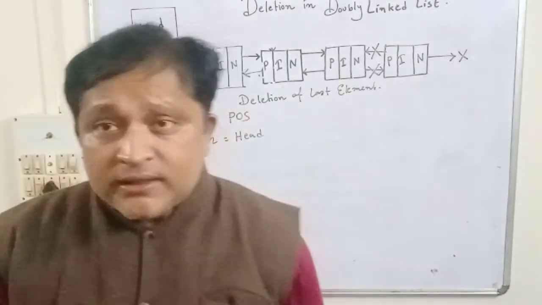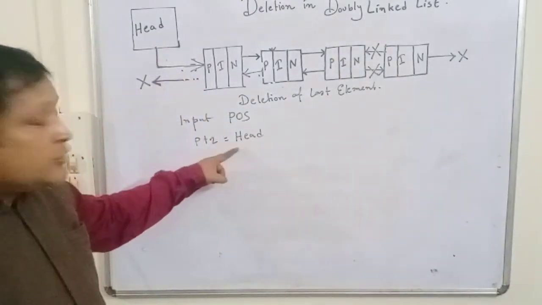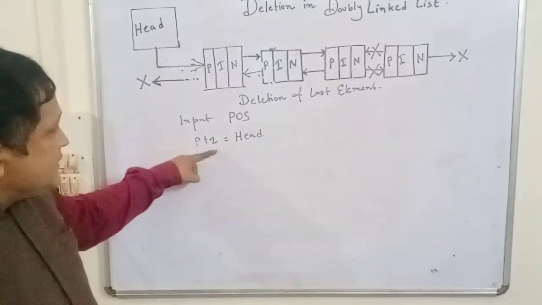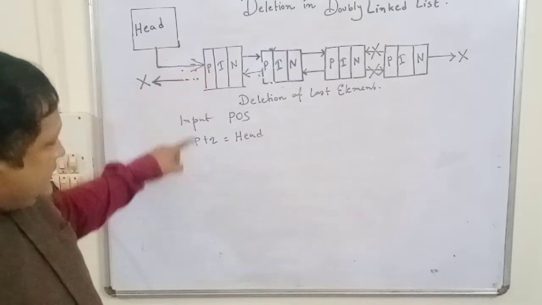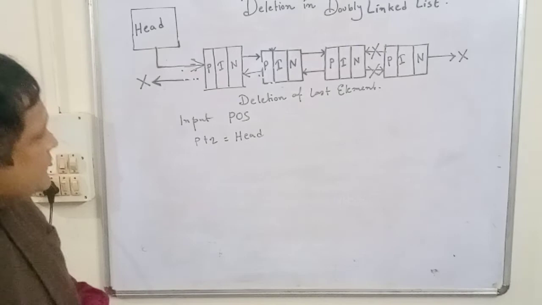The PTR will contain the address which is stored in head. So naturally PTR will point to the node that head was pointing to. So PTR will point to the first node.